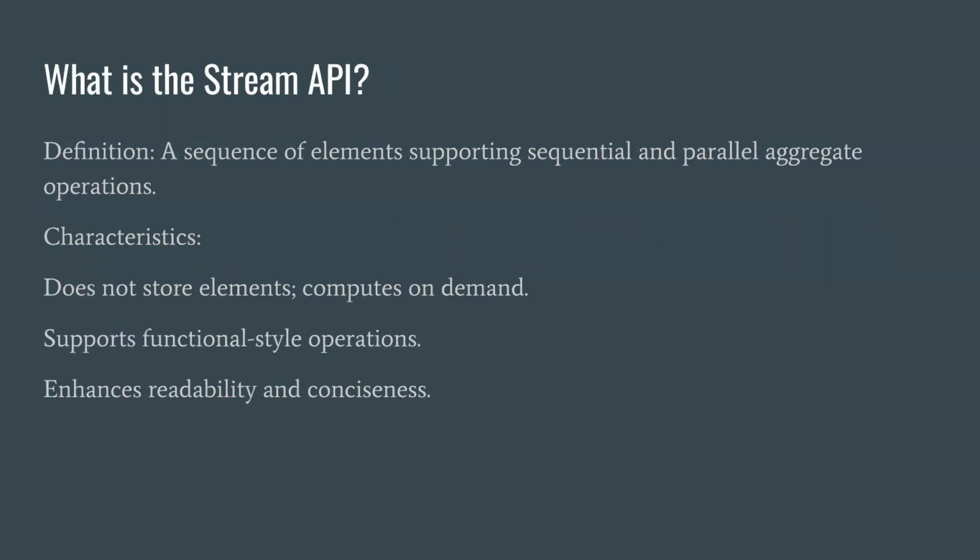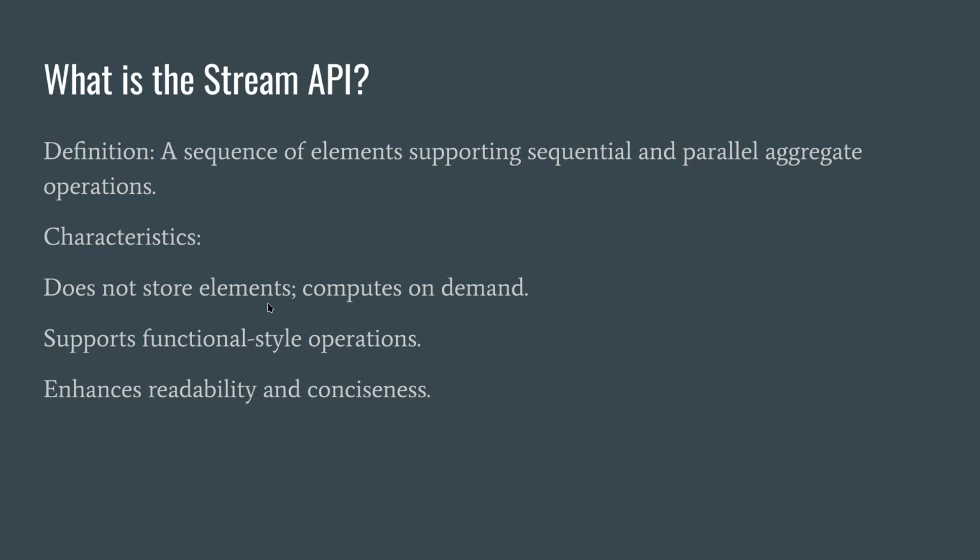What is the Stream API? The Stream API is a modern feature that allows us to handle sequences of data in a declarative way. You can picture a stream as a conveyor belt of data elements where you can perform operations like filtering, sorting, and transforming.